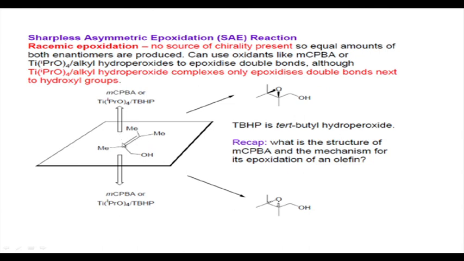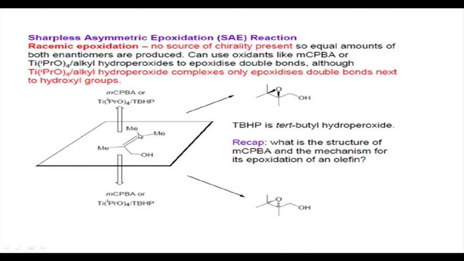When you do the epoxidation with mCPBA, metachloroperbenzoic acid, or another reagent, titanium isopropoxide with an alkyl hydroperoxide like t-butyl hydroperoxide, these double bonds are epoxidized. One difference with the titanium isopropoxide combination is that it only epoxidizes allylic alcohols. So, there must be a wedge here, and then CH2, then a double bond.